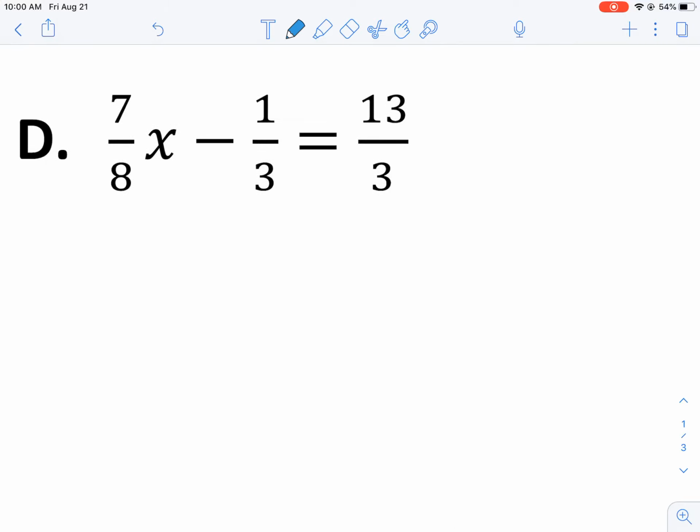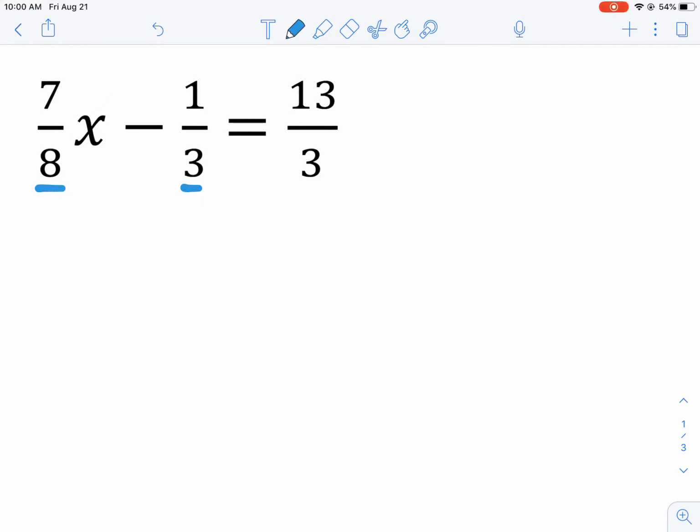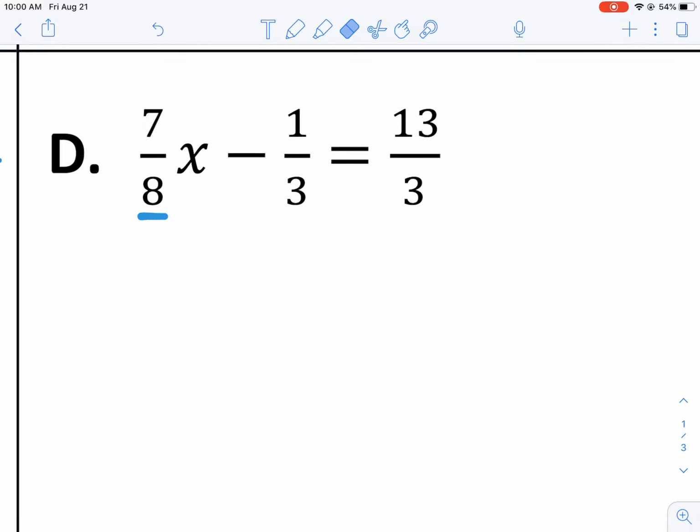So our denominators are 8 and 3. So we want to think about what is the least common multiple of 8 and 3. That is going to be 24. All right. We don't really have any other option other than just multiplying those two numbers. So we're going to go over all of these, and we need to turn the bottoms into 24.